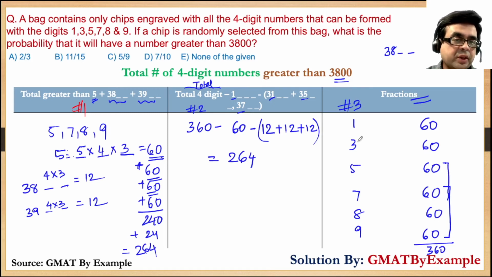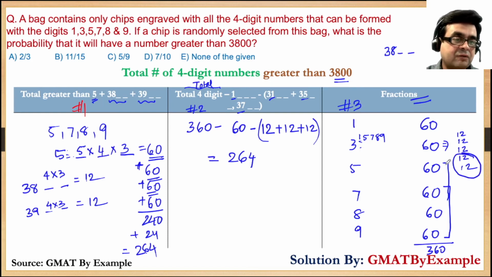We also know that for any single number, there are 5 possibilities of the hundredth digit. So for example, for 3, the possibilities are 1, 5, 7, 8, 9. And since there are 5 different possibilities, each digit would have an arrangement of 12 possible, right? And I need to take only 2 of those, which are 8 and 9.